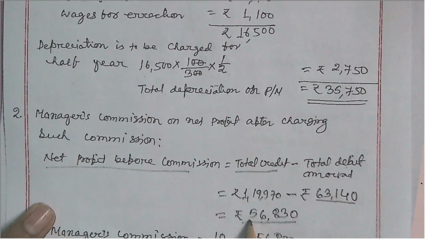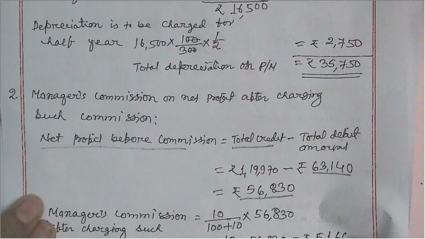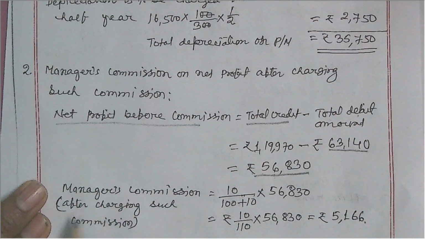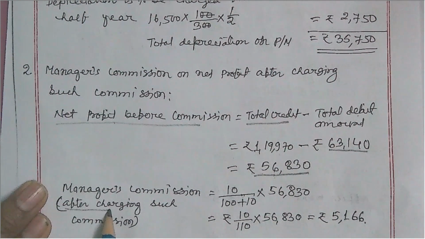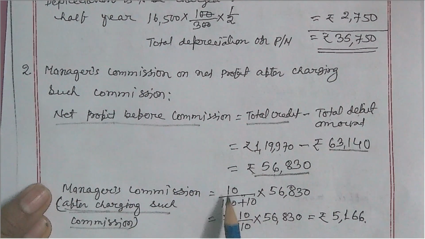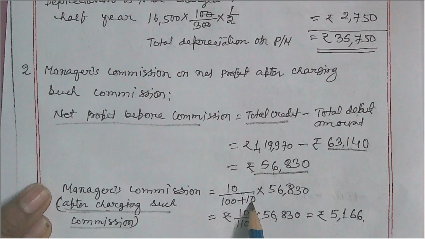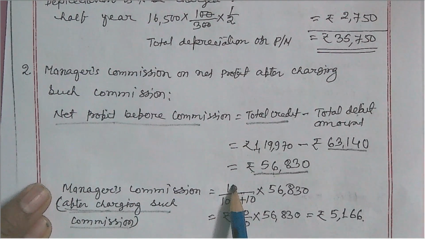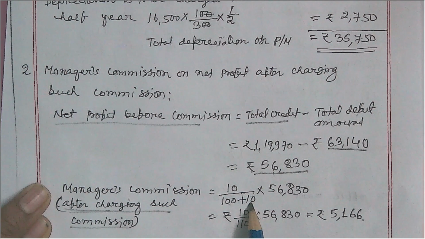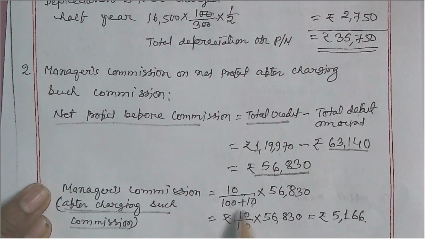Now out of this 56,830 you have to charge manager commission, and it is given that it is after charging such commission. Whenever you see "after charging such commission," you have to apply the rate by 100 plus rate, here 10 by 100 plus 10.